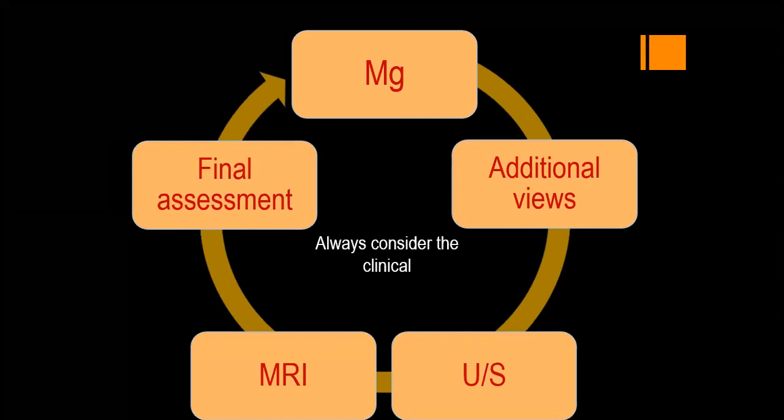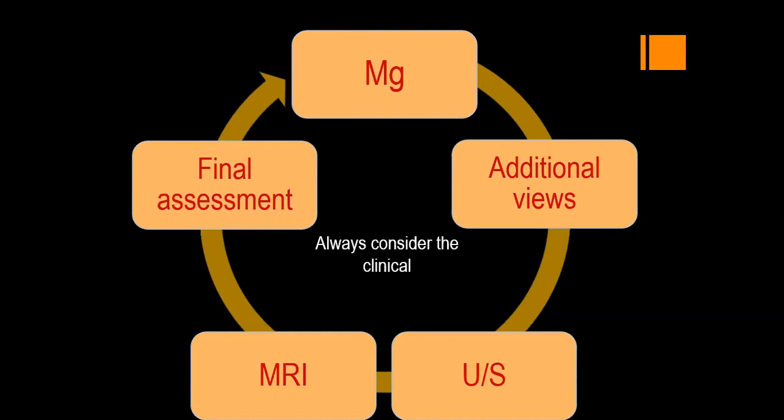And if all of these examinations are concurrently performed on the same day, then the final assessment should be based on all examinations together, even if MRI is performed. But generally, the final assessment is based on mammography and ultrasound. And always we have to consider, okay, the clinical.